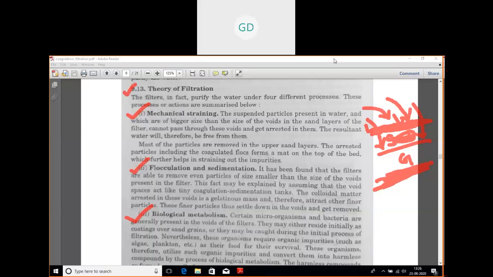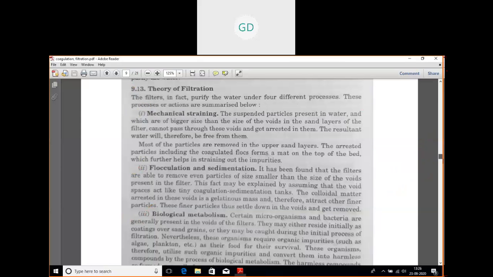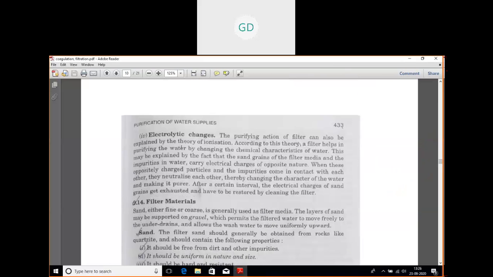So next is your electrolytic changes. Okay, it's not changes, it will be charges. Electrolytic charges. What is written here: the purifying action of a filter can also be explained by the theory of ionization.